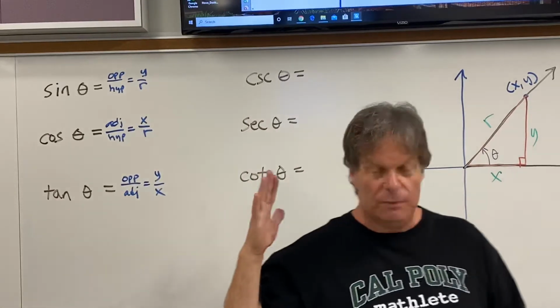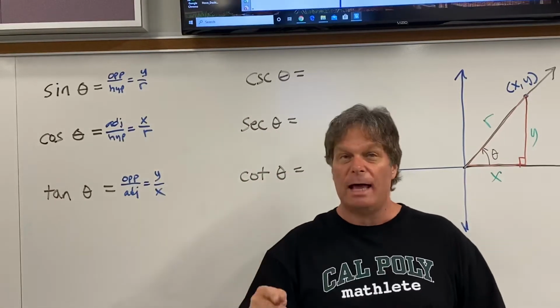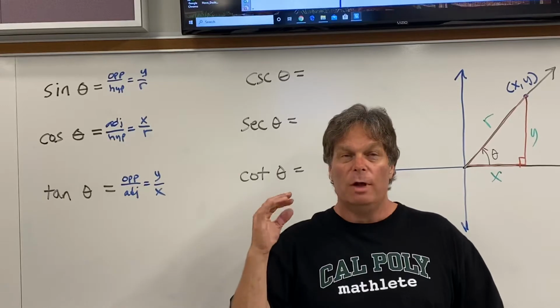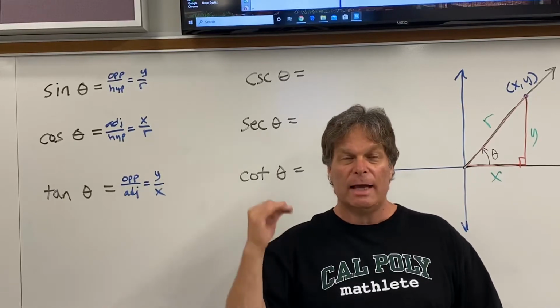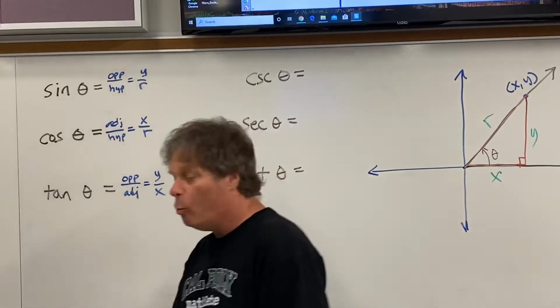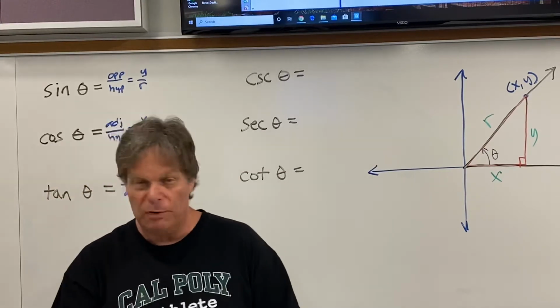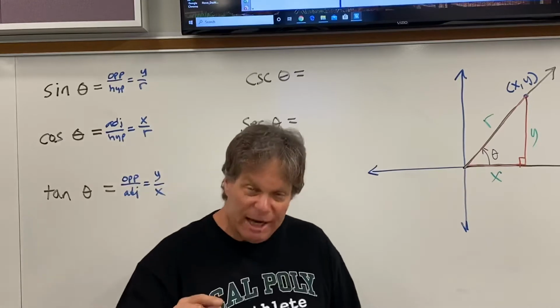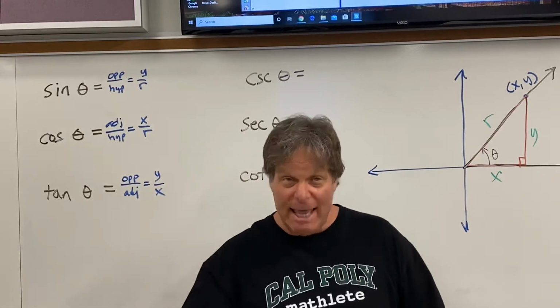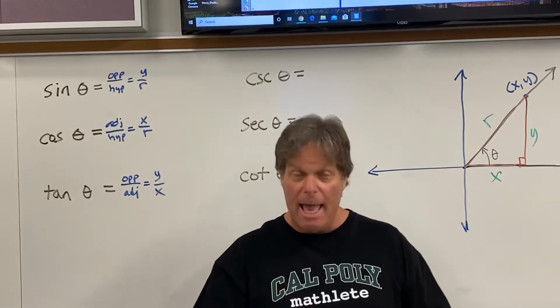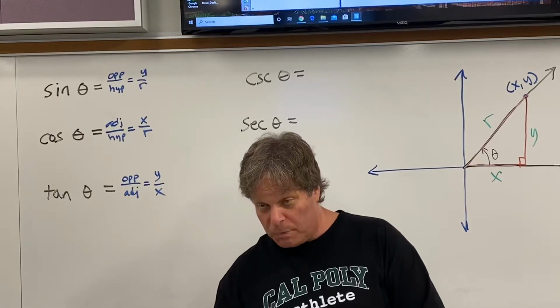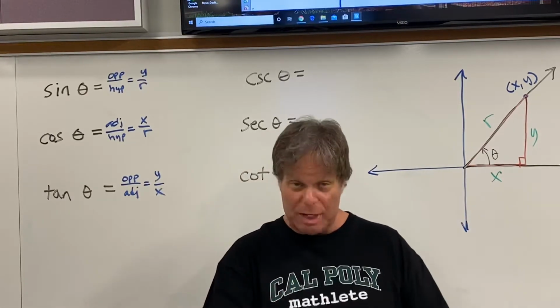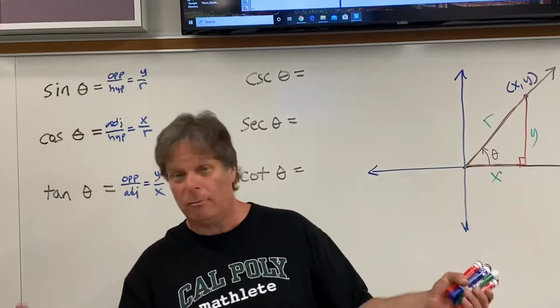So what would make sense? Wouldn't it make sense for secant to be the reciprocal of sine and cosecant be the reciprocal of cosine, right? That seems to make sense, right?